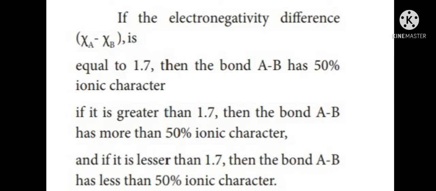If the difference is lesser than 1.7, then the bond A-B has less than 50% ionic character. Hence, we completed partial ionic character in covalent bond.